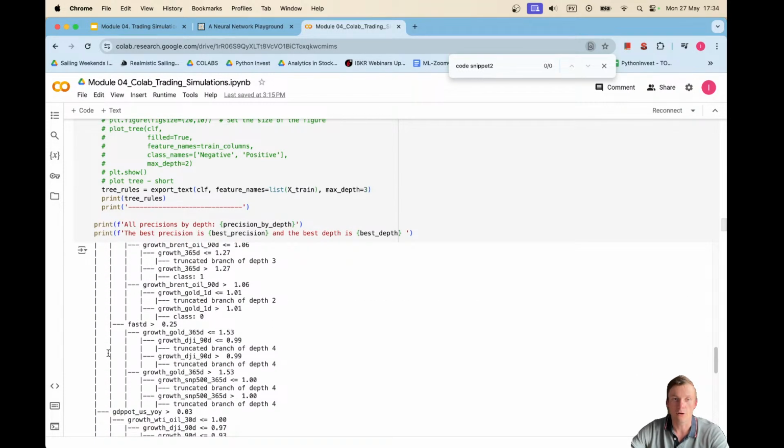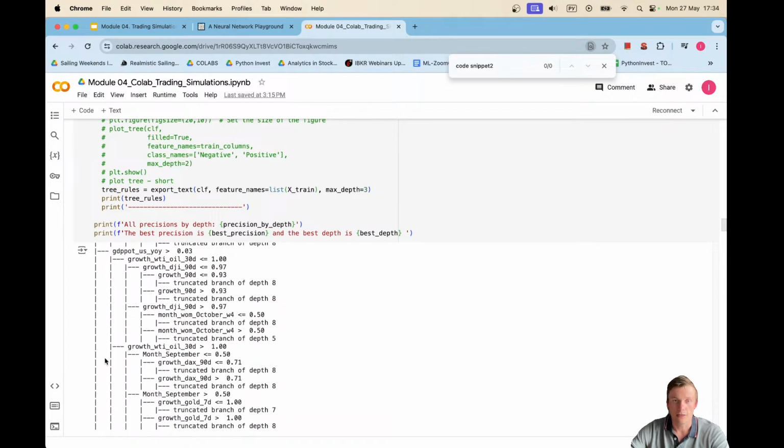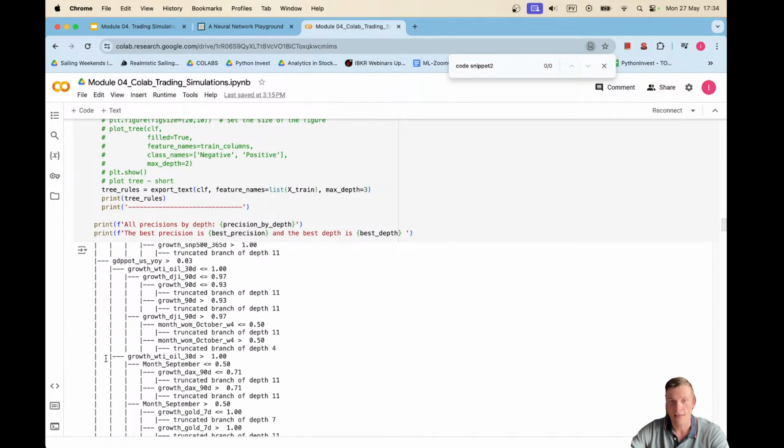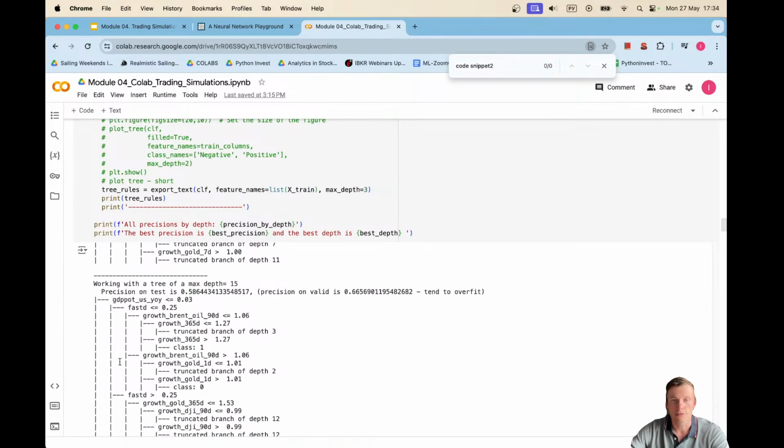And if you scroll down to the optimal tree, it is quite a complicated tree, because you may not be able to get this tree with hand predictions, because there are so many of them. So first we start on GDP potential, US growth less than 3% or more than 3%, then fast D, then growth Brent oil, then growth 365D, and then there is a branch or sub-branch of depth 3.